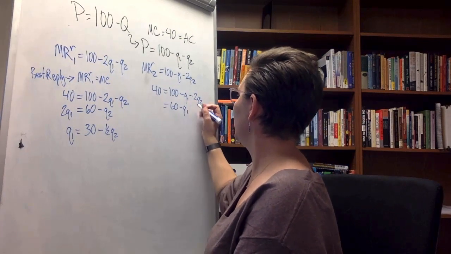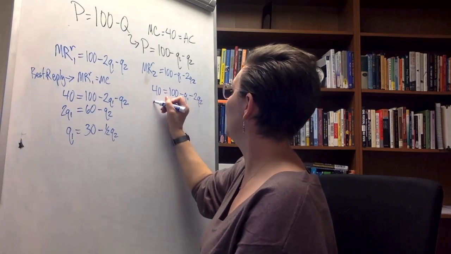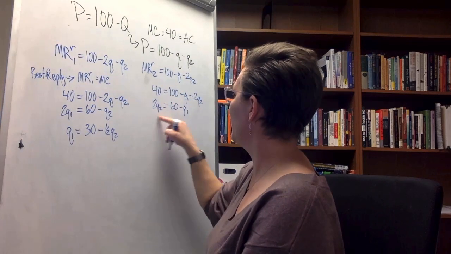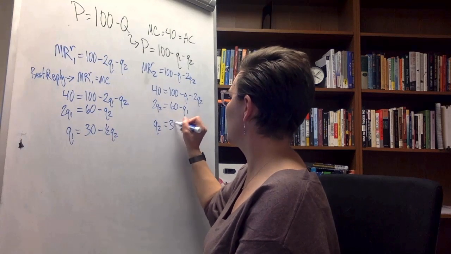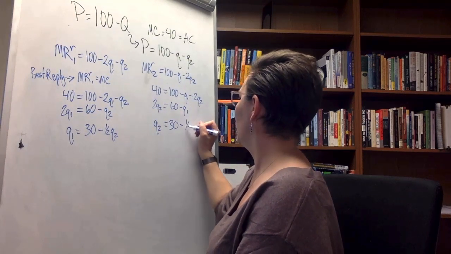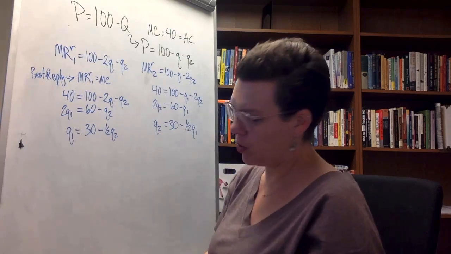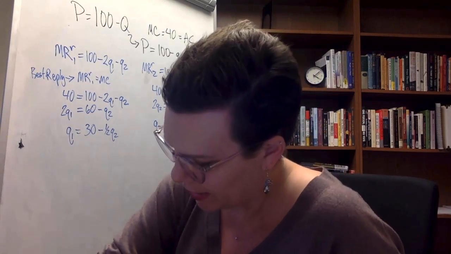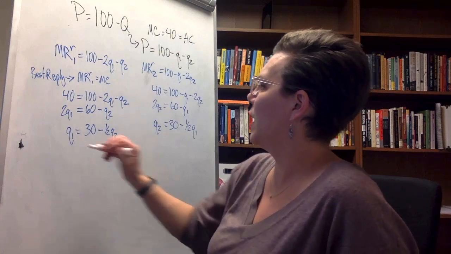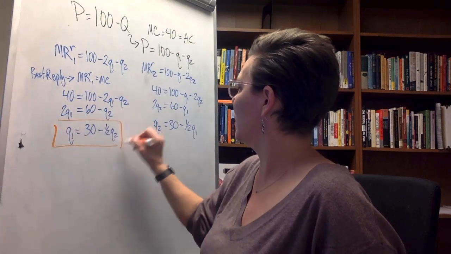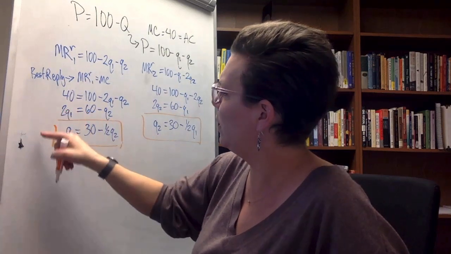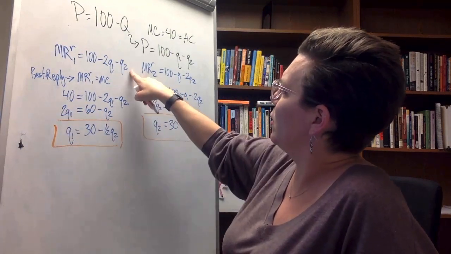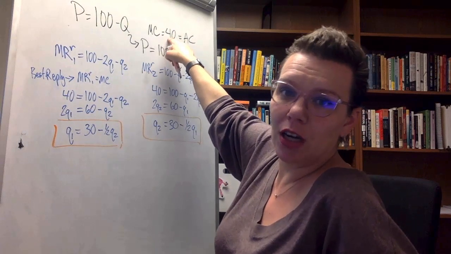Leave the Q1 here, add 2Q2 to both sides, and then divide both sides by 2. And I get Q2 equals 30 minus 1/2 Q1. So those are those best reply or best response functions right there. You can see they're mirrors of each other, one for firm 1 and one for firm 2, based on their marginal revenue curves and their marginal cost.